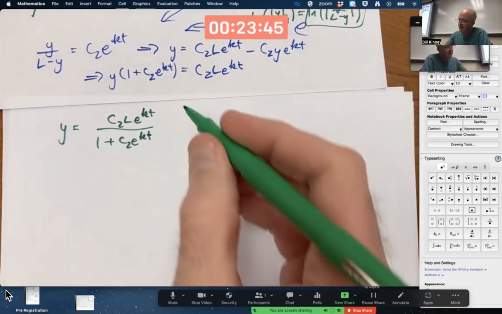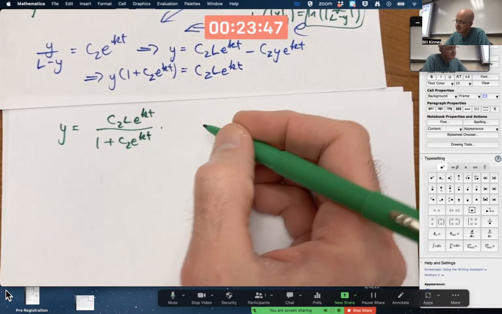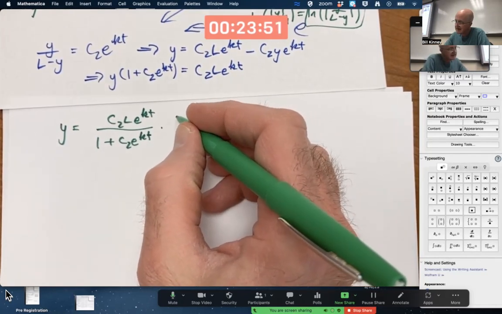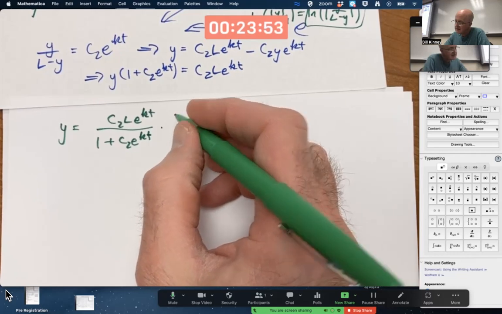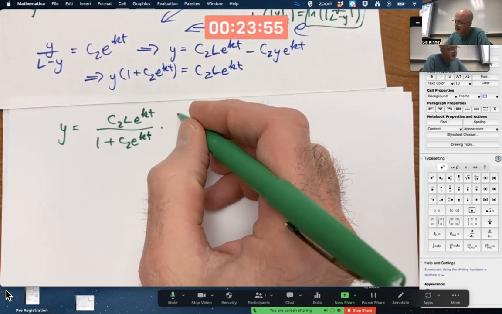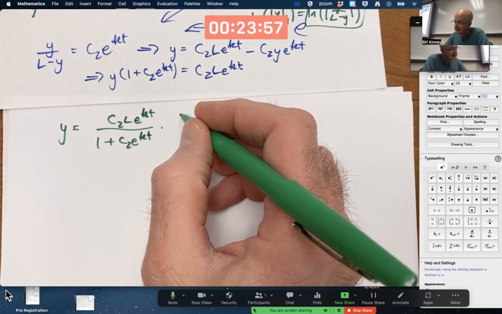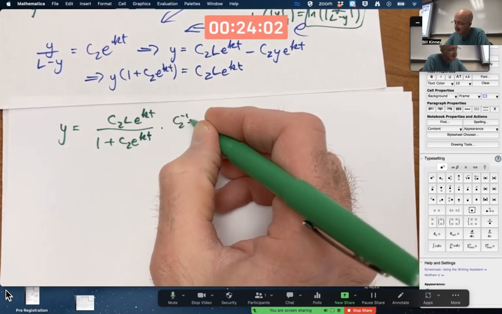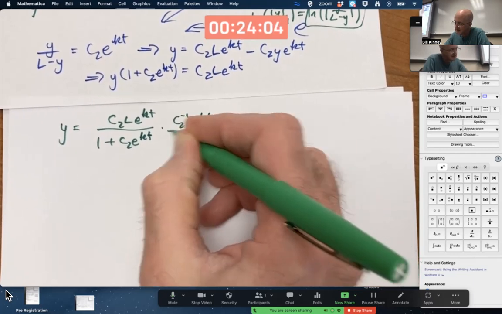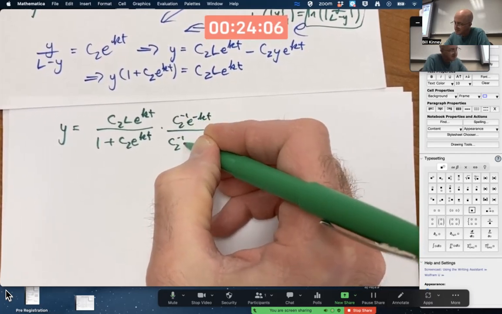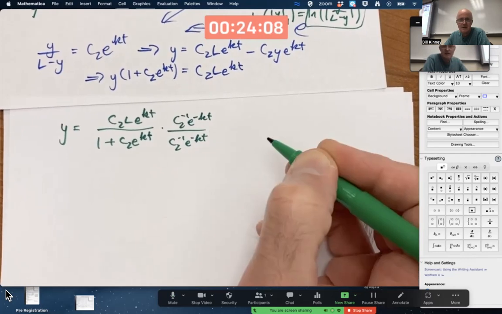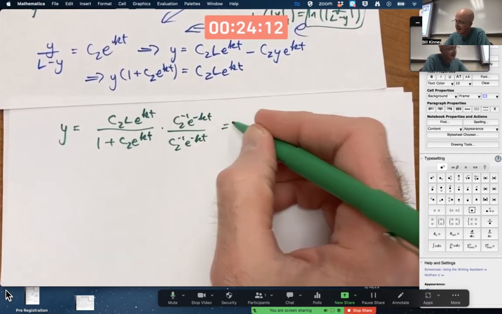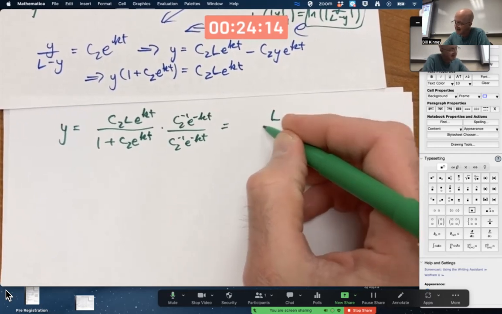I'm going to now multiply the top and the bottom by, well, or divide the top and the bottom by C2 e to the kt. Same as multiplying the top and the bottom by C2 inverse e to the negative kt. If I do it to the top, I got to do it to the bottom so that I multiply by a big 1. To isolate the L on the top, right?